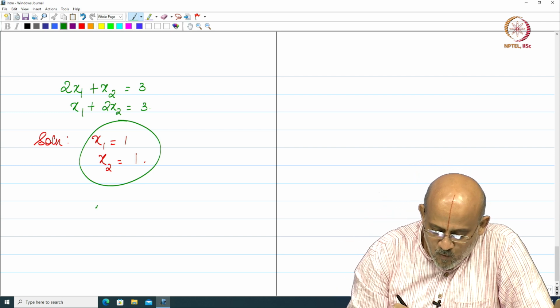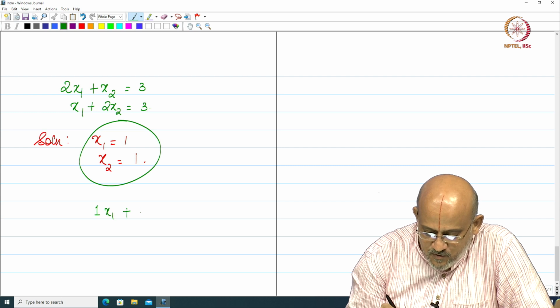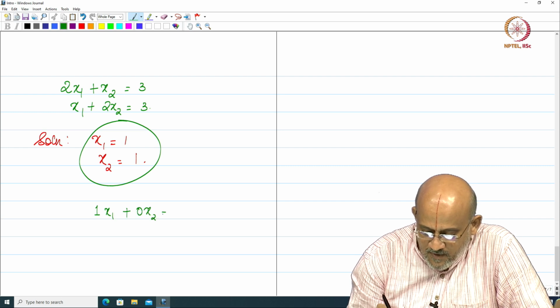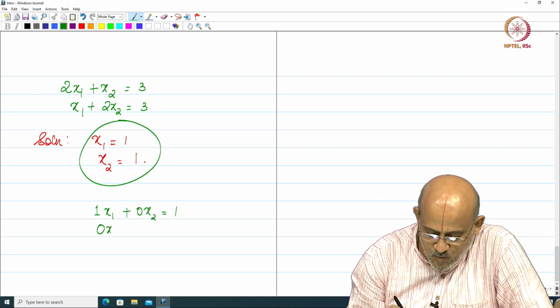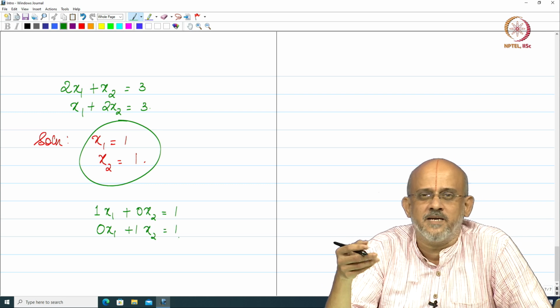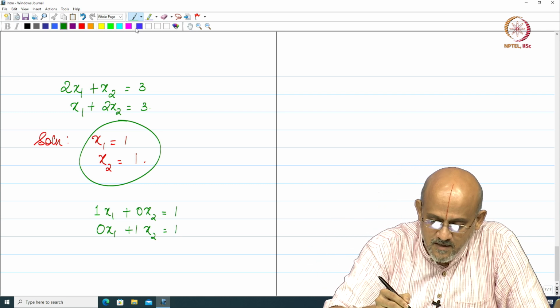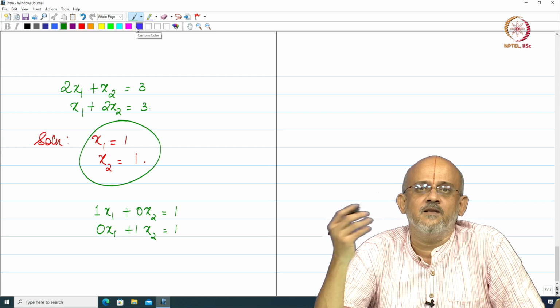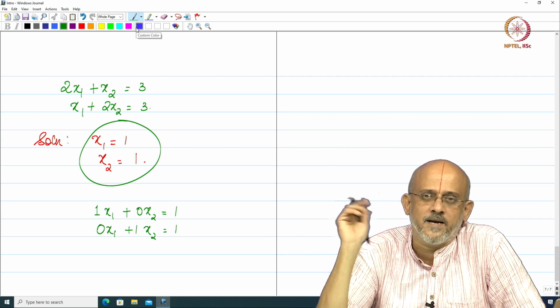We have 1x1 plus 0x2 is equal to 1 and 0x1 plus 1x2 is equal to 1, and straight away you are able to get the values x1 equal to 1 and x2 equal to 1.